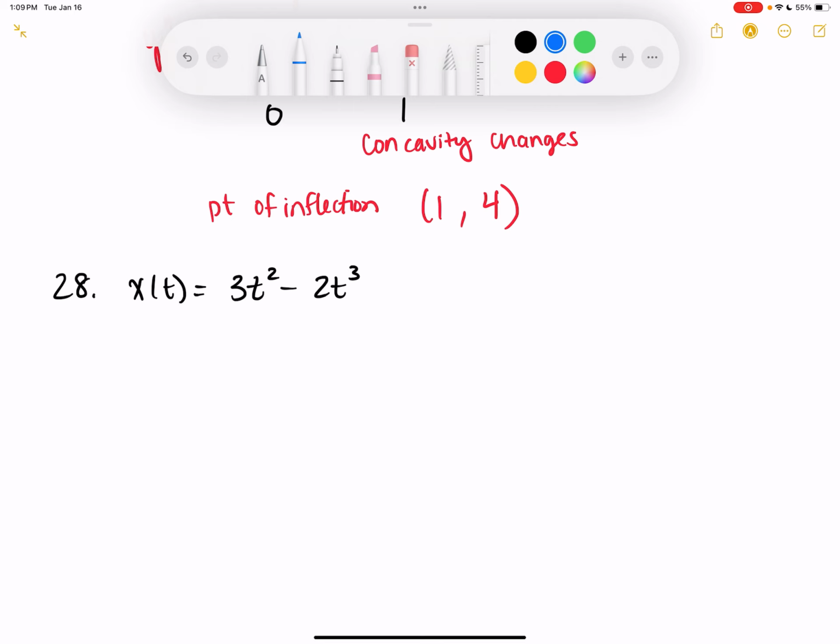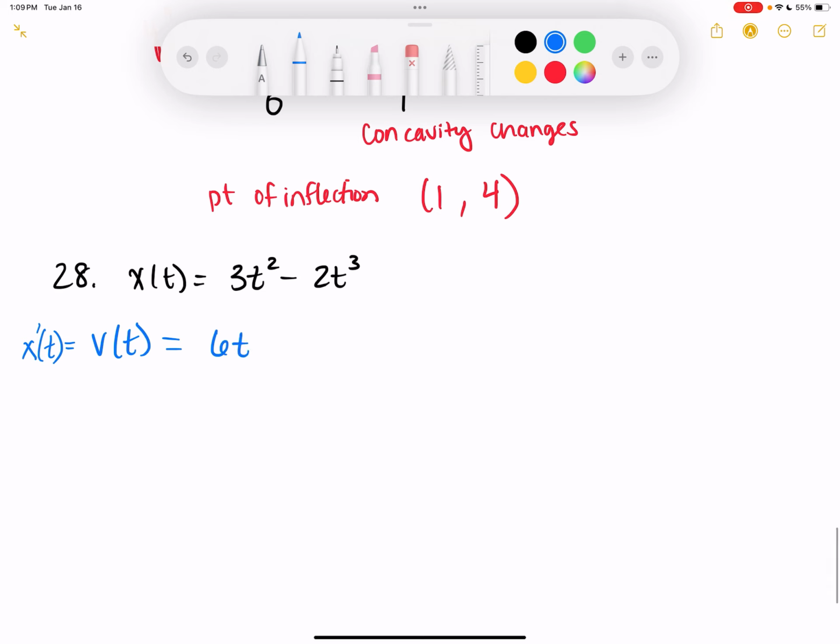I don't know yet. Anyways, the velocity function is the derivative of position. So what is the derivative of this? 6t minus 6t squared. And then we're going to be setting that equal to 0.